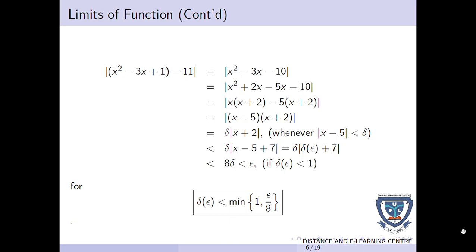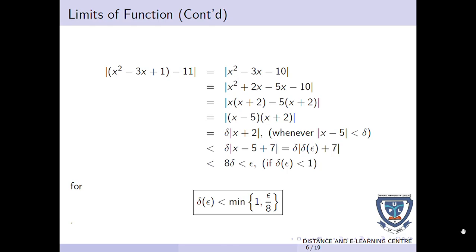Now, when we take the absolute value from our definition of the limit of a function, this is what you're going to have. And at the end, you're going to have that delta will multiply the absolute value of x plus 2. And knowing that our absolute value of x minus 5 is less than delta, that is how we got that delta there after the expansion.